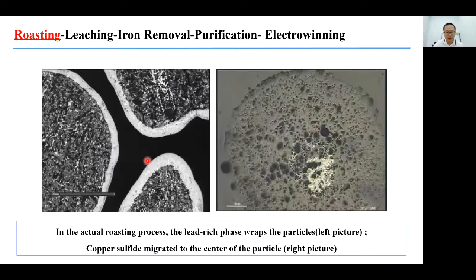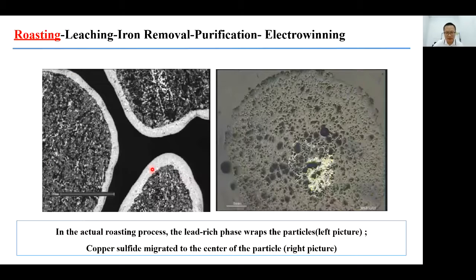This is a picture of actual zinc sulfide particles after the roasting. We can see that this is a layer made by lead sulfate. So this is a particle. During the roasting process, the lead moves towards the surface, forming this lead-rich layer that wraps the particle.